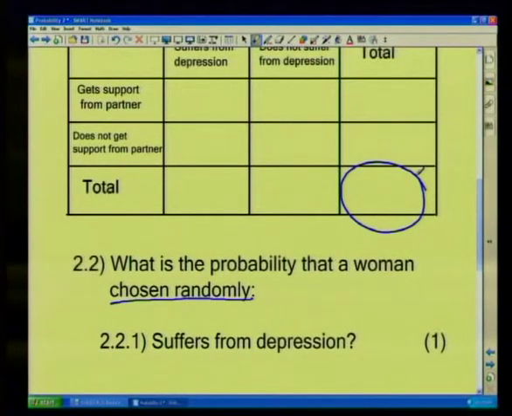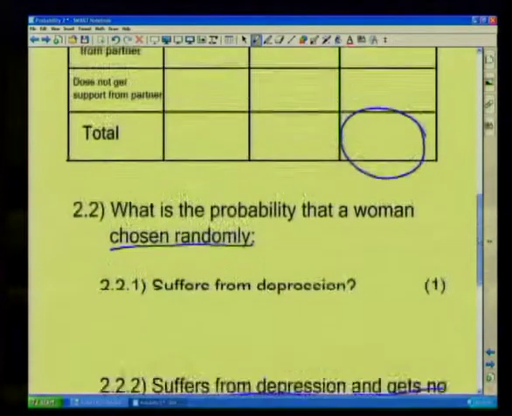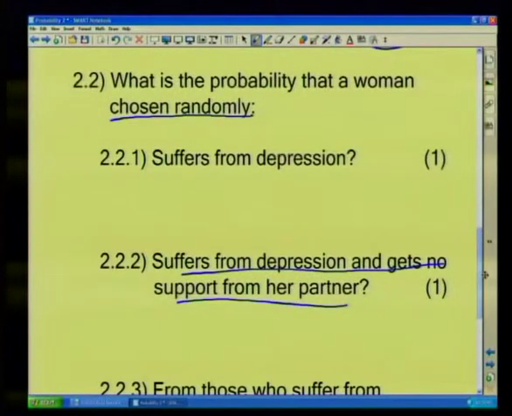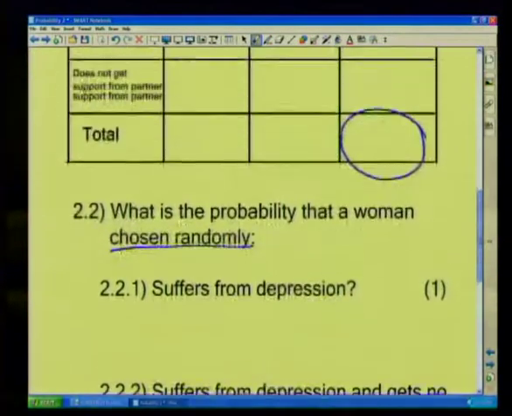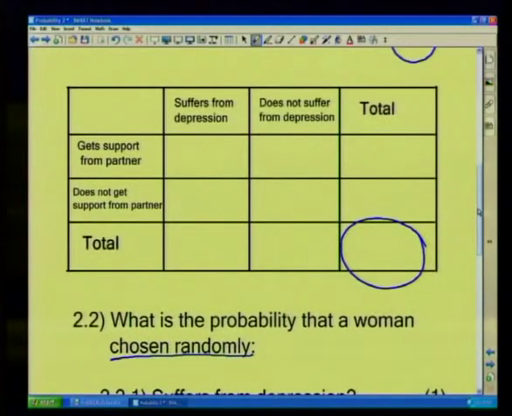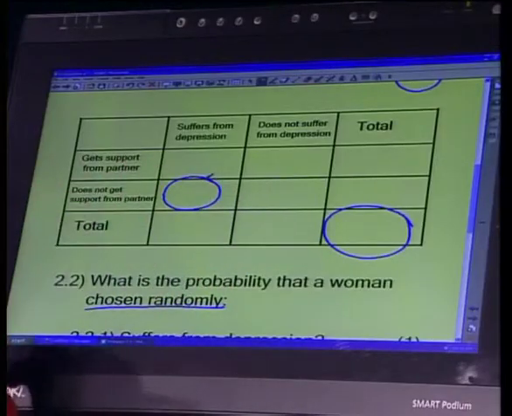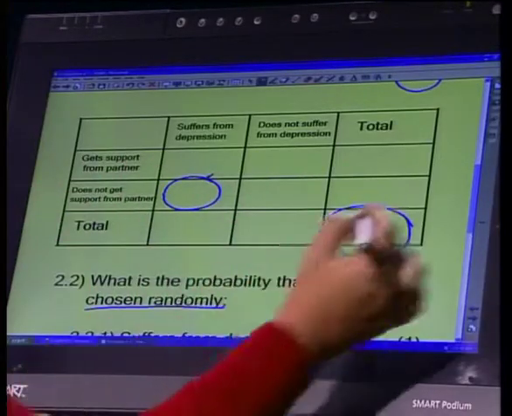You're using your total. And then for example, suffers from depression, you would be using one of these over here. If you were looking for a person that suffers from depression and gets no support from her partner, that would be your numerator and that would be your denominator.